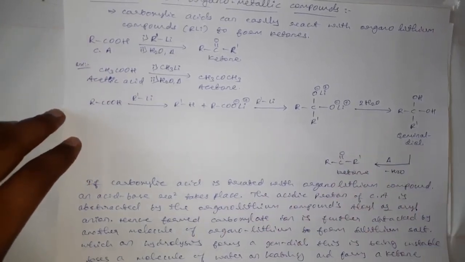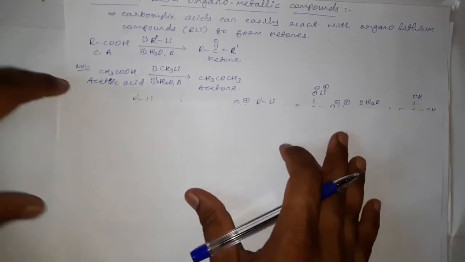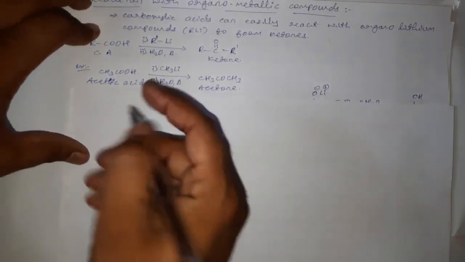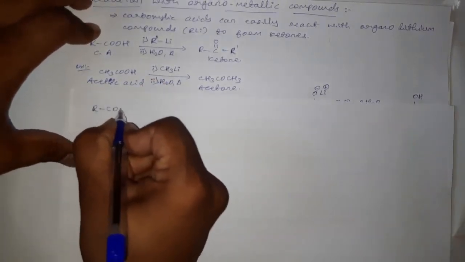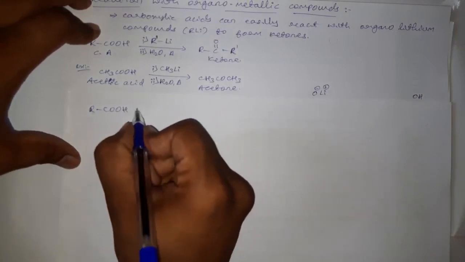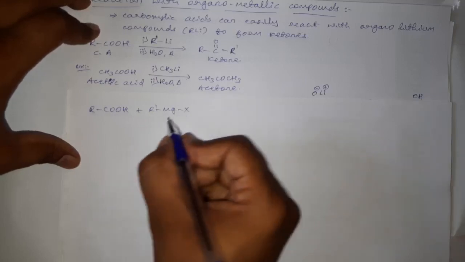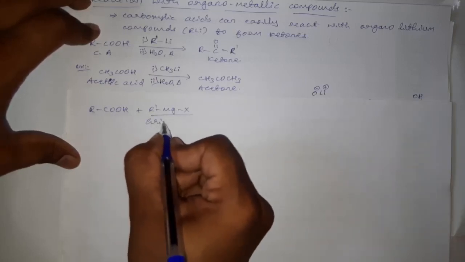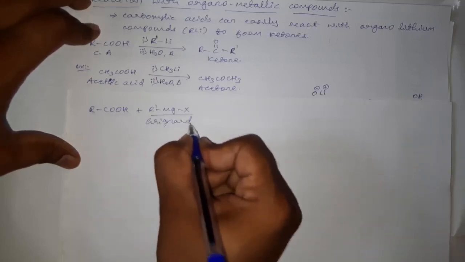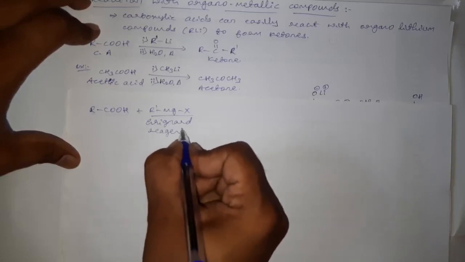And these carboxylic acids can also react with Grignard reagents. These are called what? Grignard reagents.